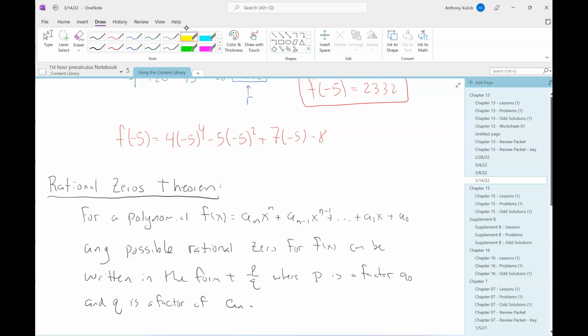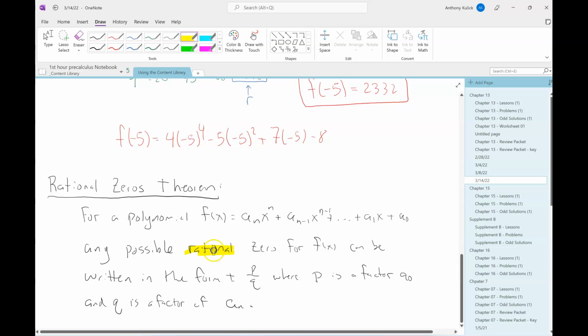So there's some vocab in here that's worth making sure to emphasize. When we say rational, what do we mean by rational in this case? Do we mean like the English language rational, like, that's a logical decision you just made?